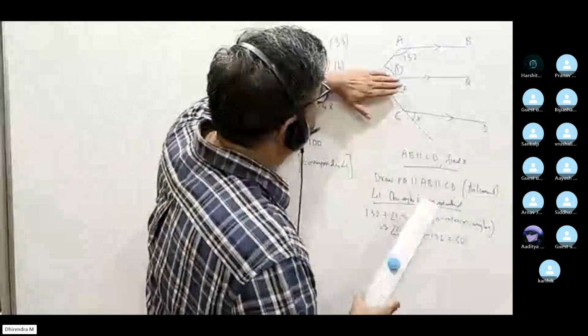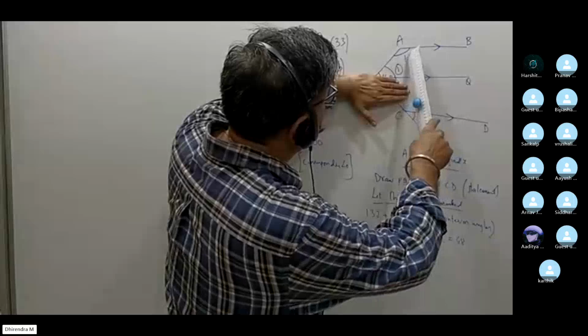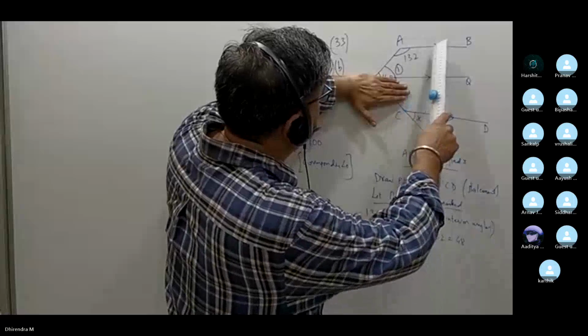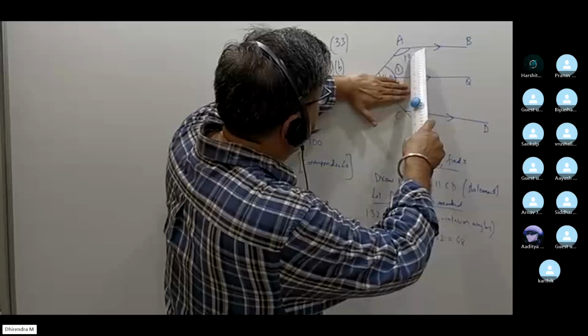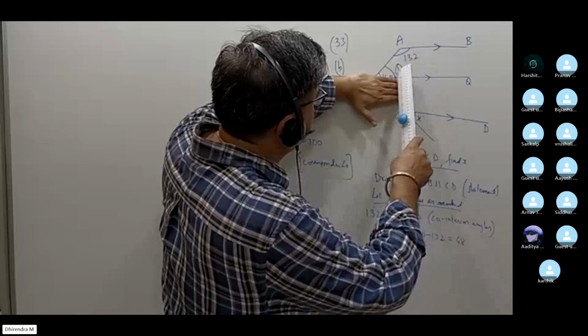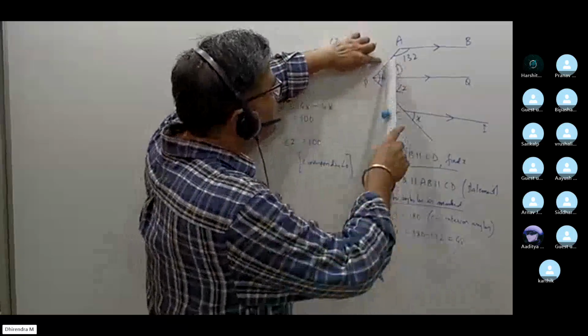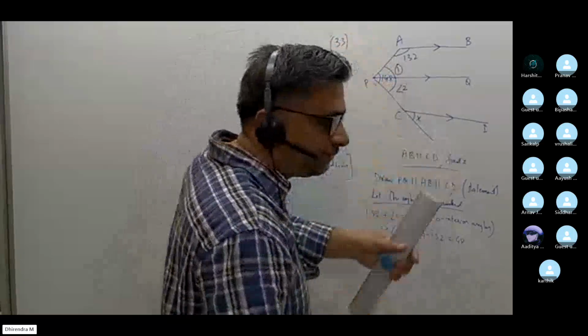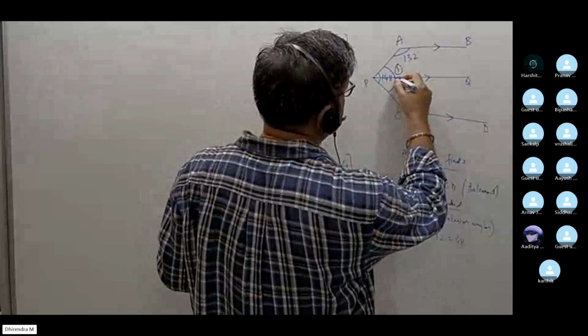Let me explain. 132 plus this angle. This is angle 1. 132 plus angle 1 is 180 degrees because these lines are parallel, they're co-interior angles. So if this plus this is 180 degrees and this is 132, angle 1 is 48. Now this entire thing is 148.